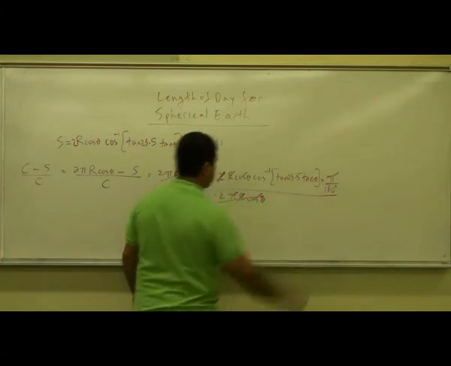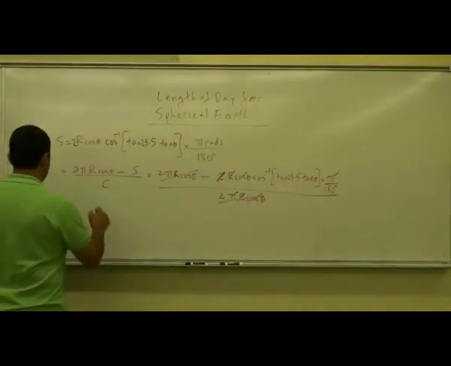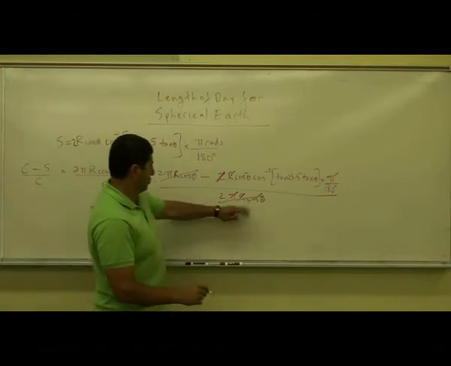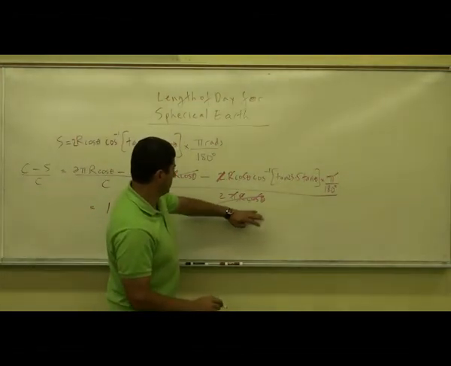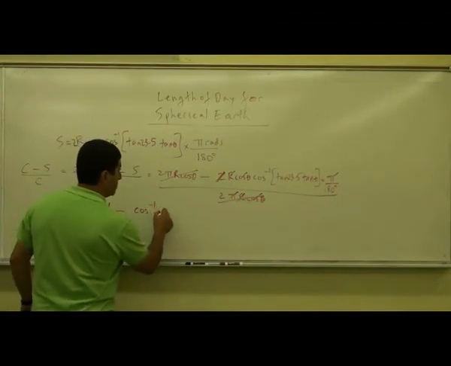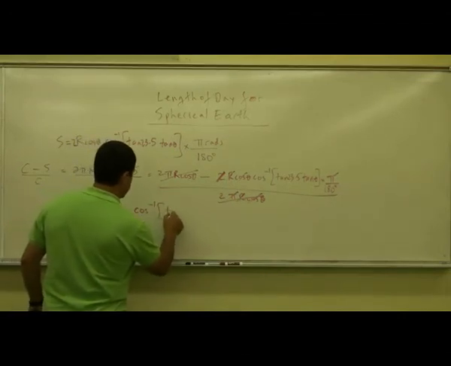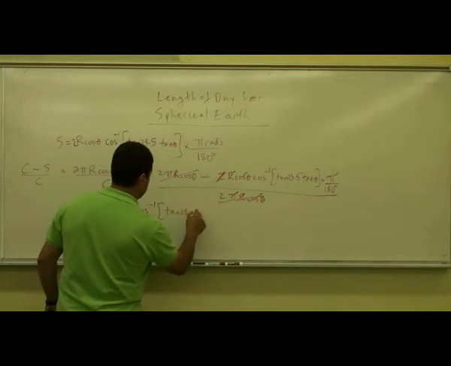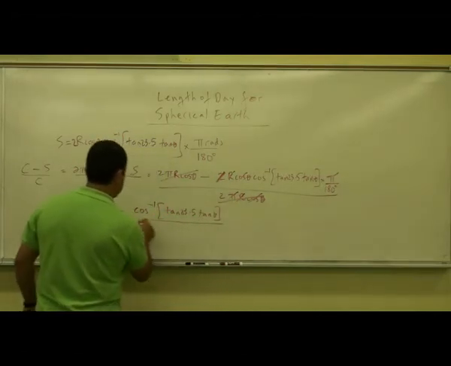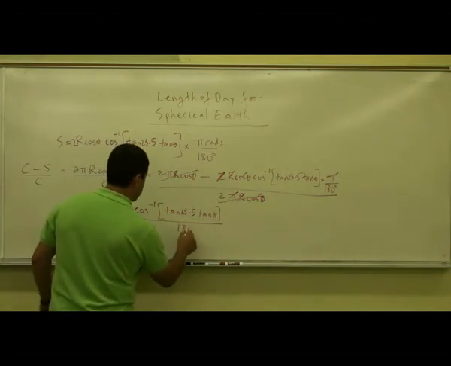Pi cancels the pi. Most everything cancels. So you have is equal to 1 minus, and you end up getting just cosine inverse of tangent 23.5 tangent theta divided by 180.